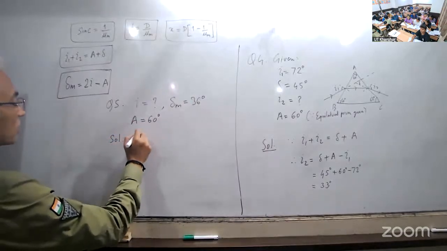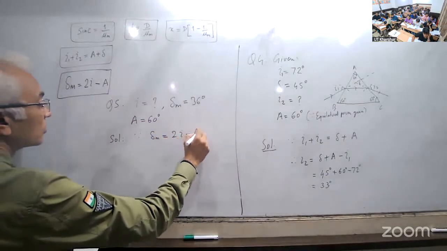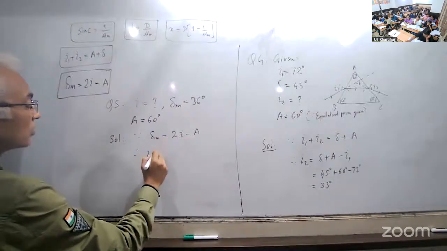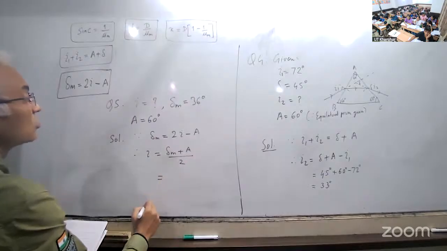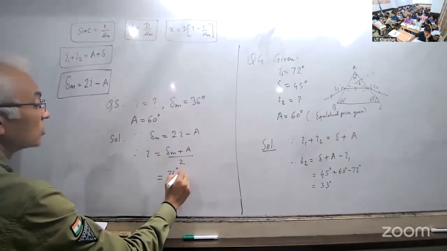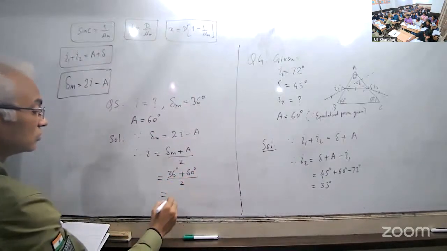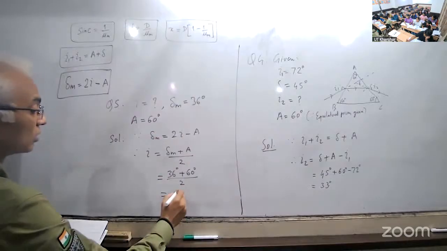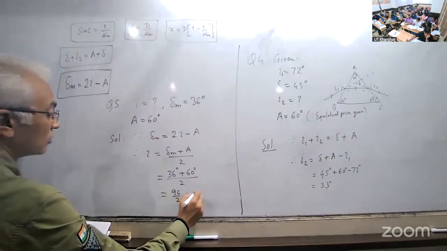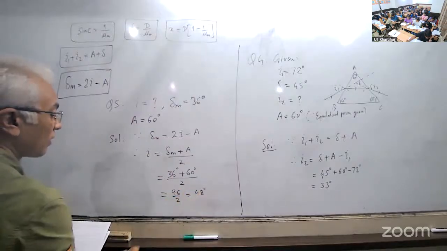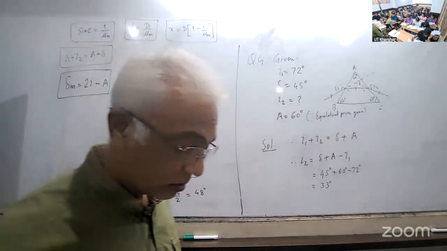So 96 divided by 2, 48. Okay, so this is the answer.